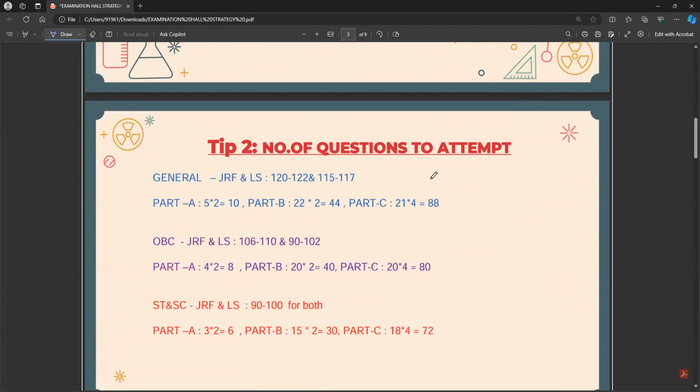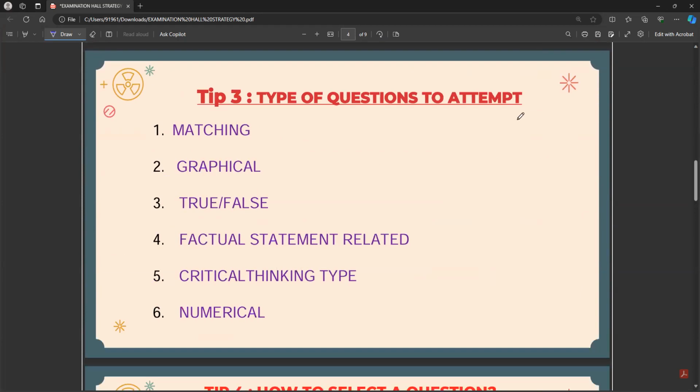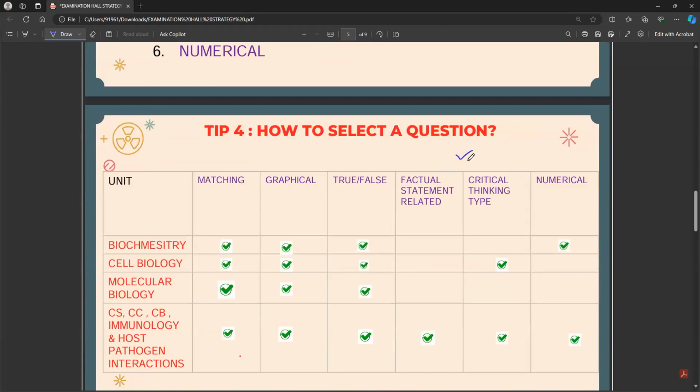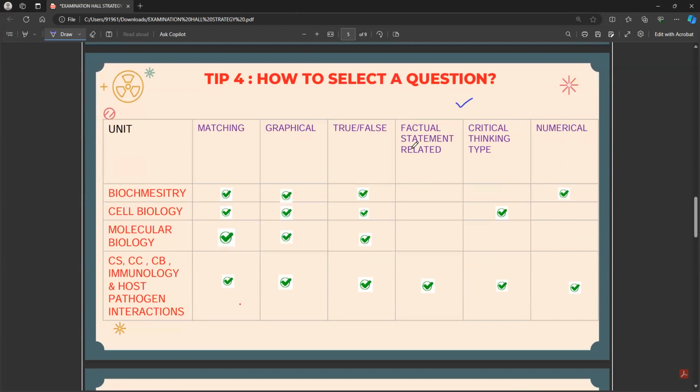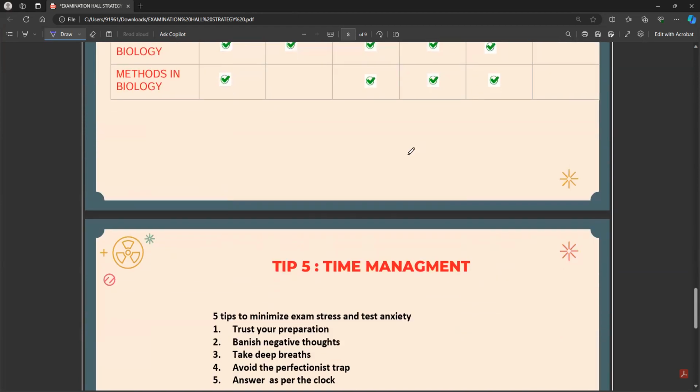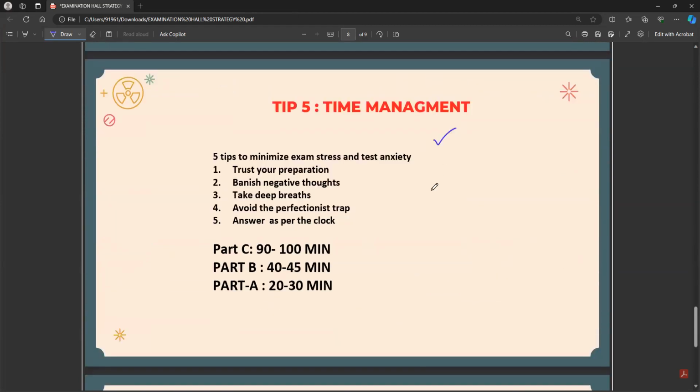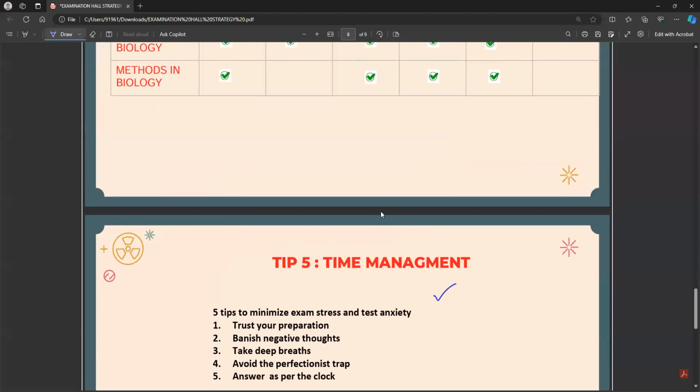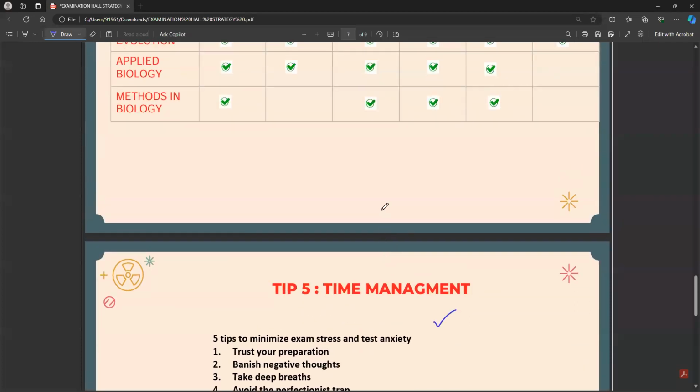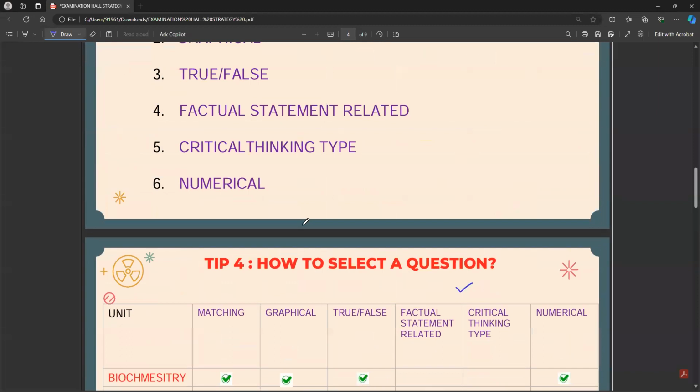Tip number 2 is how many questions to attempt in order to qualify, according to our category, what kind of questions to attempt in the question paper, and from which lesson. This is a very important one: how to select a question from which lesson. At the same time, how much time we have to spend on each section in the exam. This will be a really useful session.